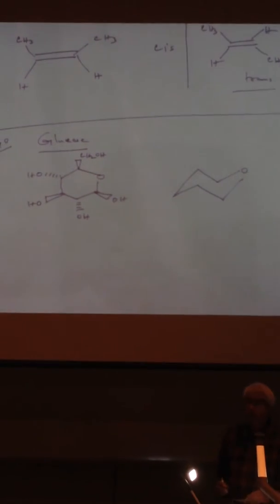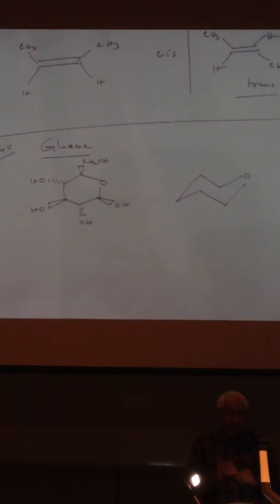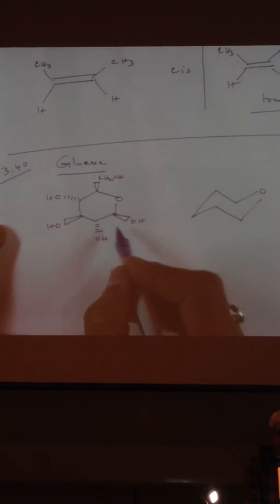So now let's convert it to the chair form. In chair form, one of the corners would be occupied with oxygen. And let's draw that. So we have converted this hexagon to a chair form. Now, we can start with any one of the sides, but let's start from here.